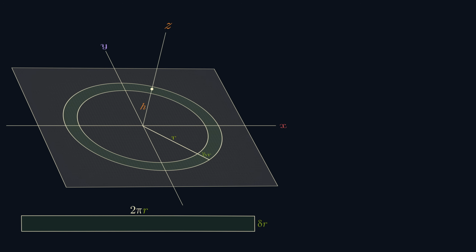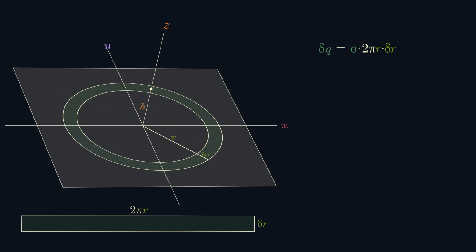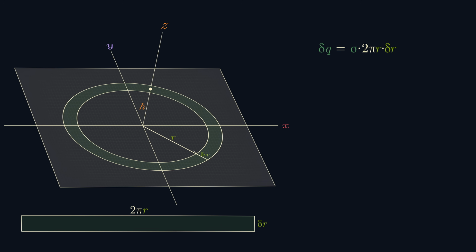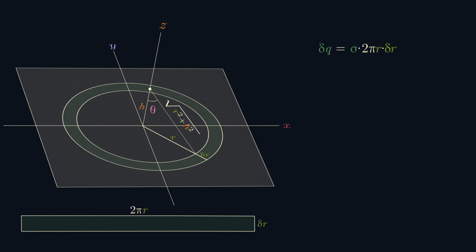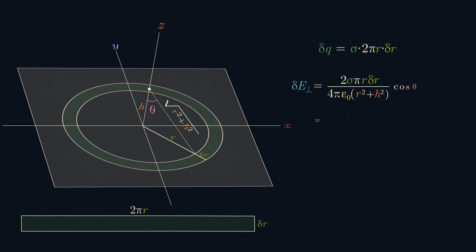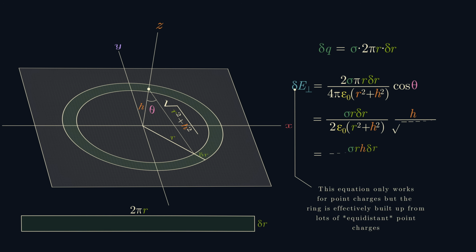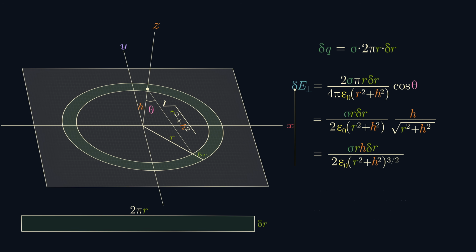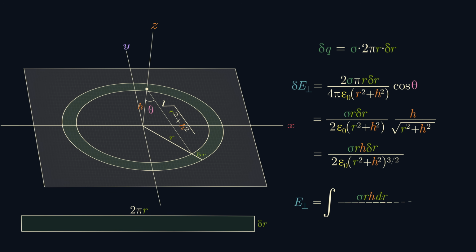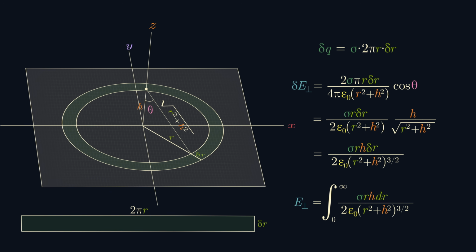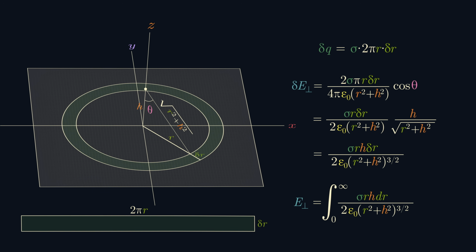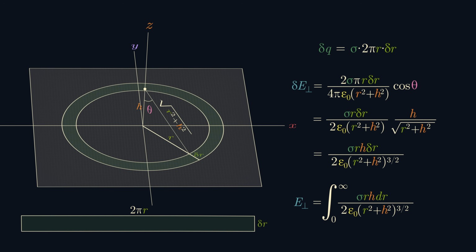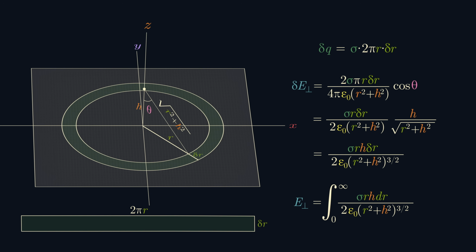Hence, the charge on this ring is sigma 2 pi r delta r. Again, we can use Pythagoras and cosine to find the vertical component of the electric field at every point on this ring. Finally, when we come to integrate this time, r varies from 0 to infinity, and now we only have a single integral to deal with.